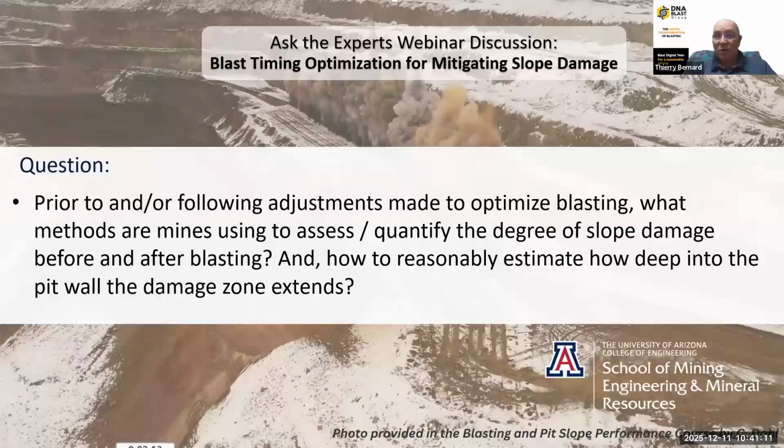Sometimes you can put the sensor in a hole in the slope, and then you build your regression analysis law with your K and alpha factors, and you can calculate how far you reach your critical PPV, so you know how deep the damage is in the rock mass in the wall.